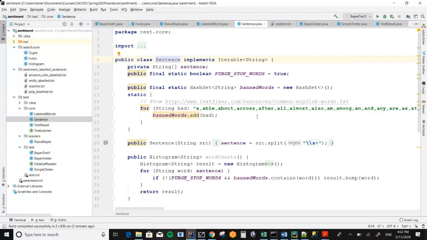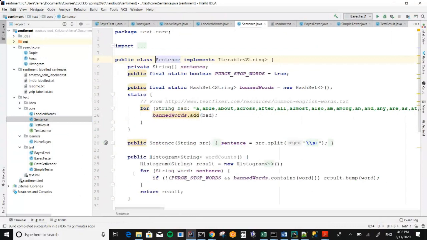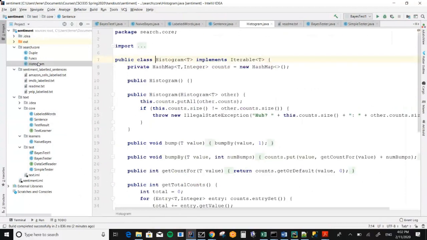Something that I did here was I created a banned words hash set to get rid of what we call noise words. So able, about, across, so I got a noise word list from somewhere of just stuff that's probably not going to tell you anything about sentiment. And then it just ignores those. And then it'll generate a histogram for that for you. There's a histogram class I'm providing. You might find that useful in implementing both algorithms.